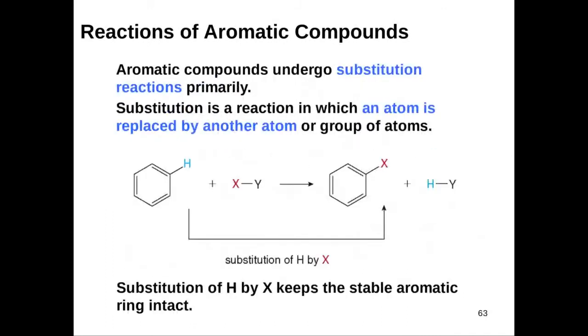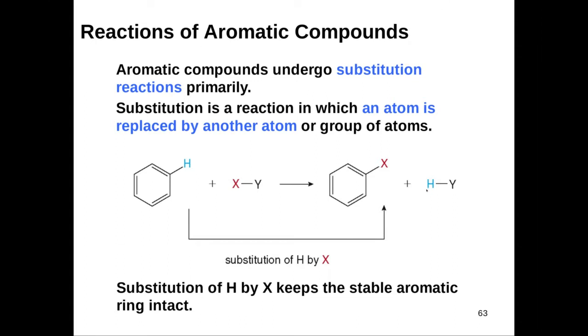Yeah, so just a couple last things. Now, our aromatic compounds, our benzene rings, can undergo substitution reactions primarily. Remember, a substitution reaction is when one atom is replaced by another atom or a group of atoms. So in this case, we have a benzene ring with a hydrogen here. It reacts with something called XY, replacing hydrogen with the X and making HY.